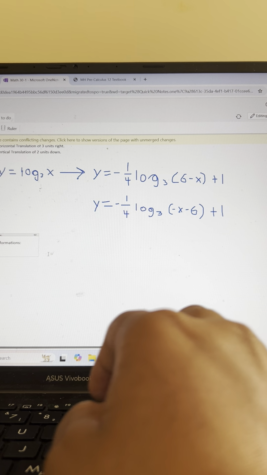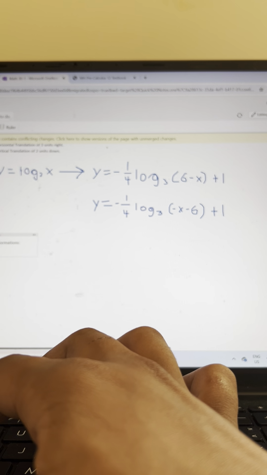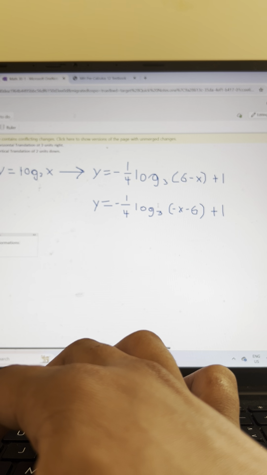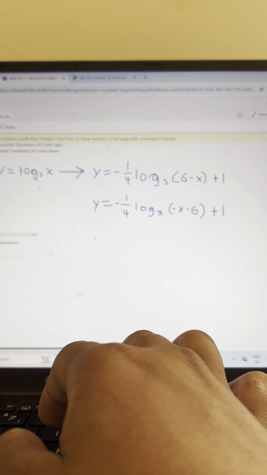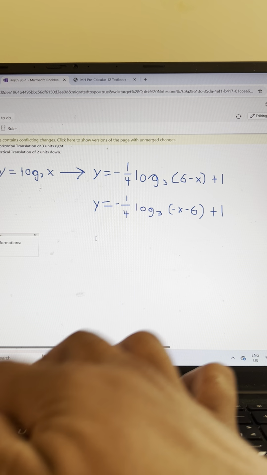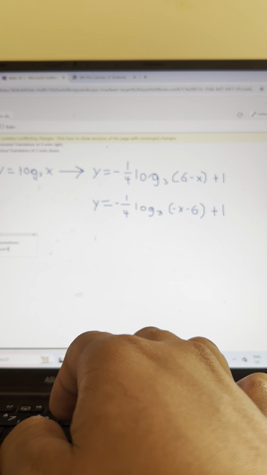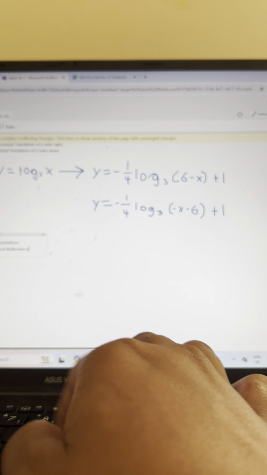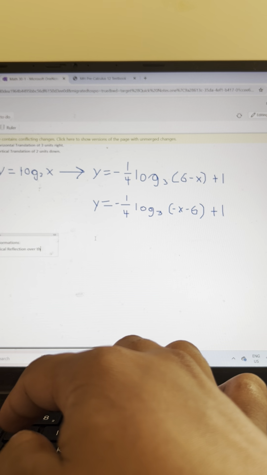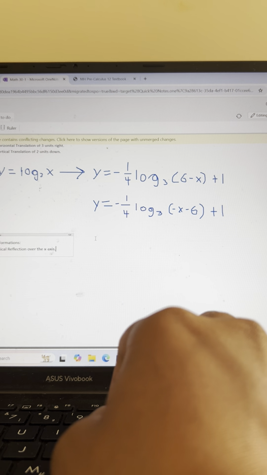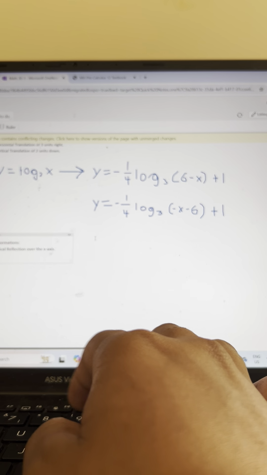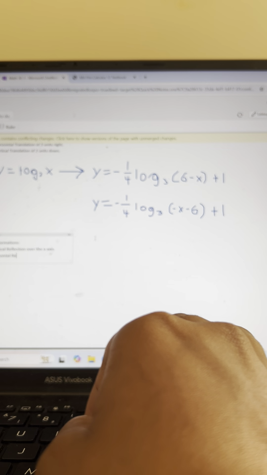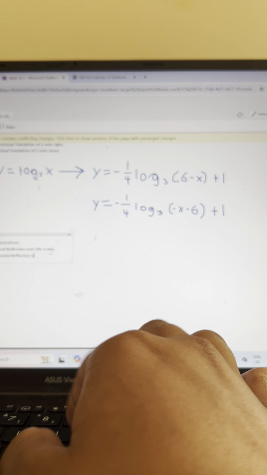So looking at the negative signs, we have 2 negative signs. So we have a vertical reflection over the x-axis. We have a horizontal reflection over the y-axis.